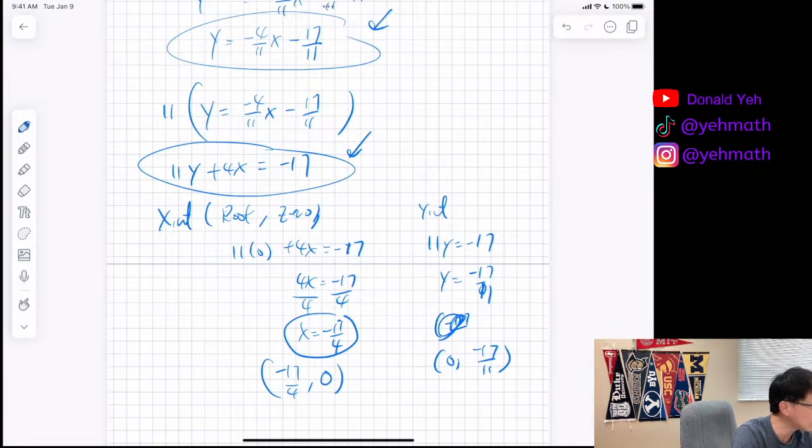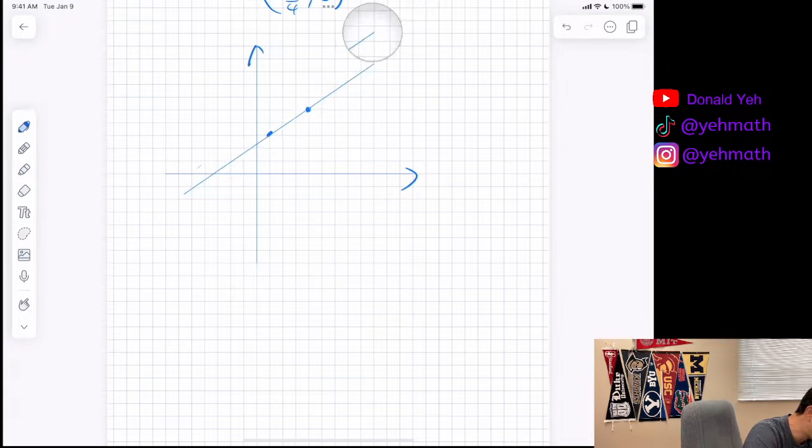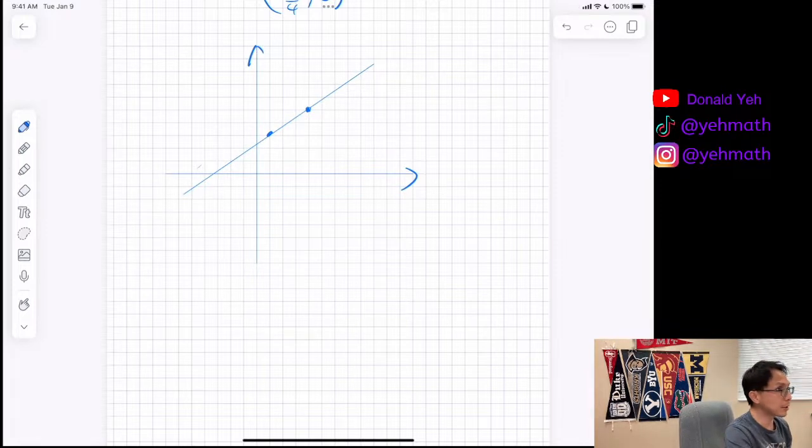Now let's talk a little bit more. Most people don't know the equation of a line like this. So if I have this point here, and this point here, and I form a line that goes through those 2 points, can you tell me the equation of this line?